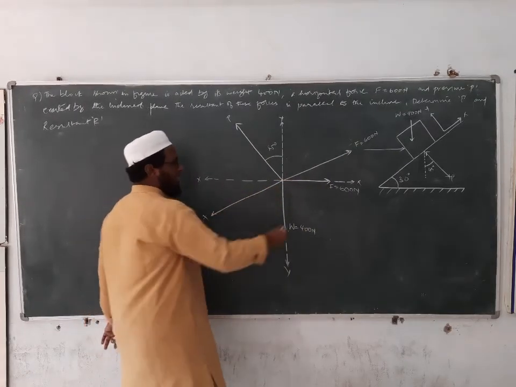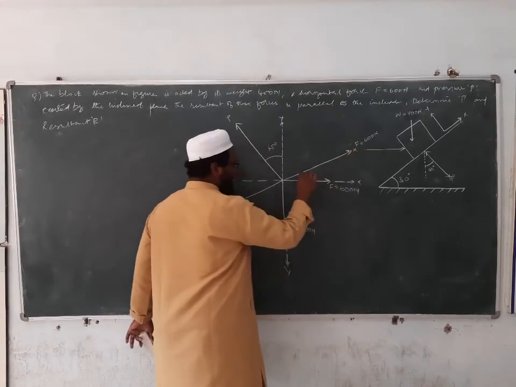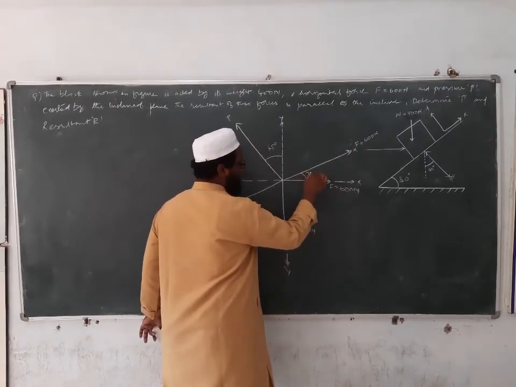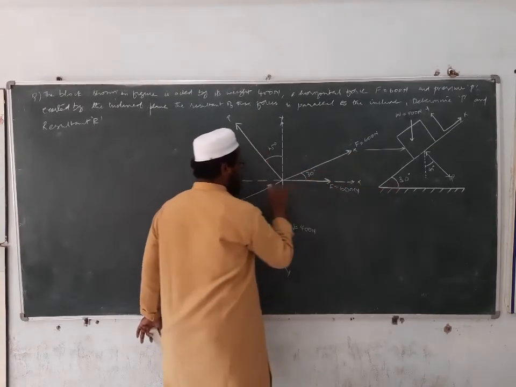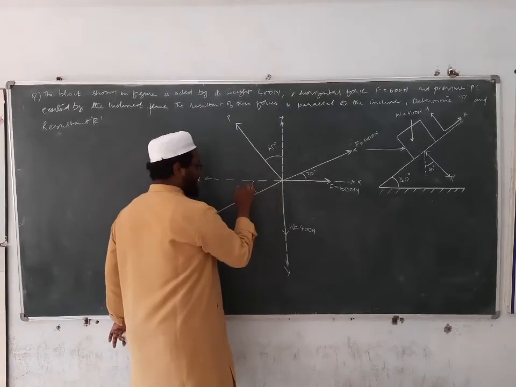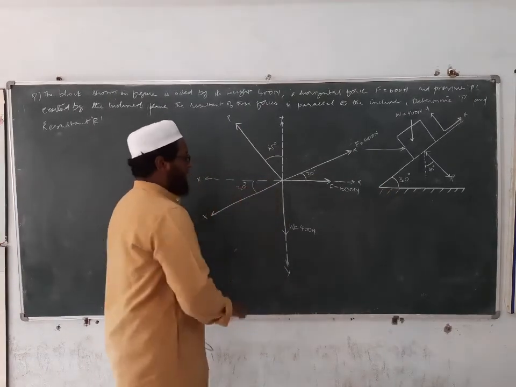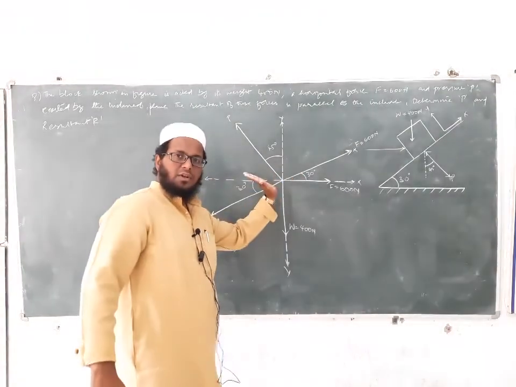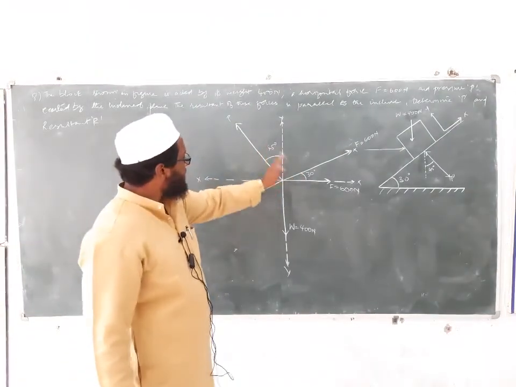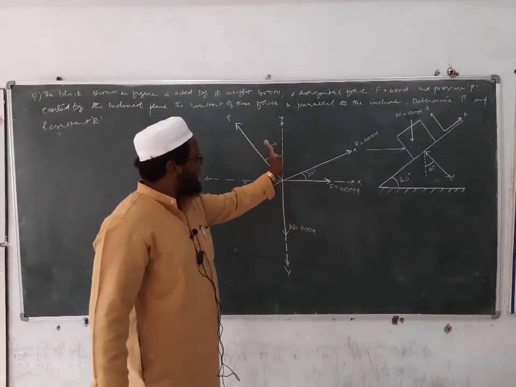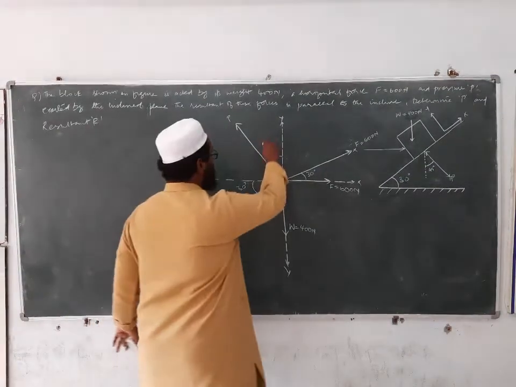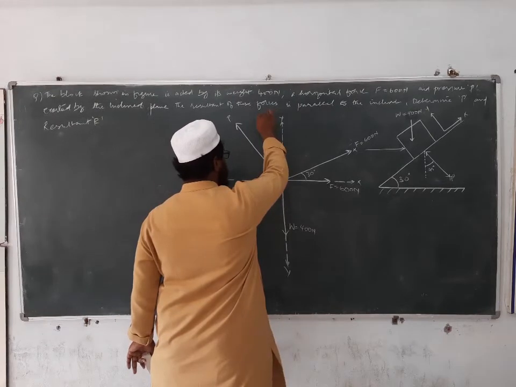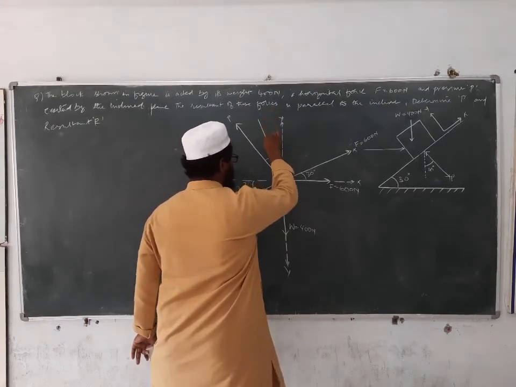Now this is my x axis, which I have rotated at an angle of 30 degrees. Since my x axis is rotated, the y axis will also get rotated, isn't it? Since this is 45 degrees, 30 degrees will be less than 45. So x will come somewhere here, and y will come in this fashion.